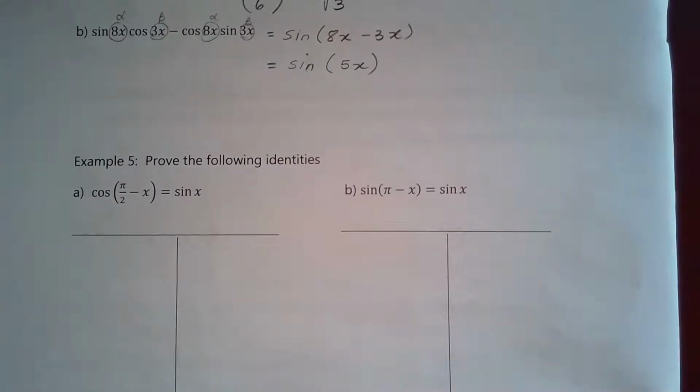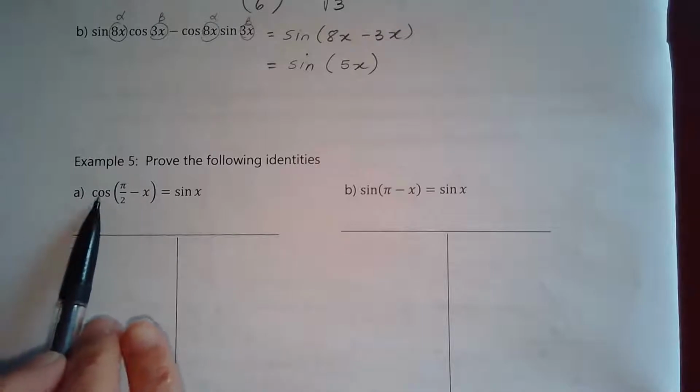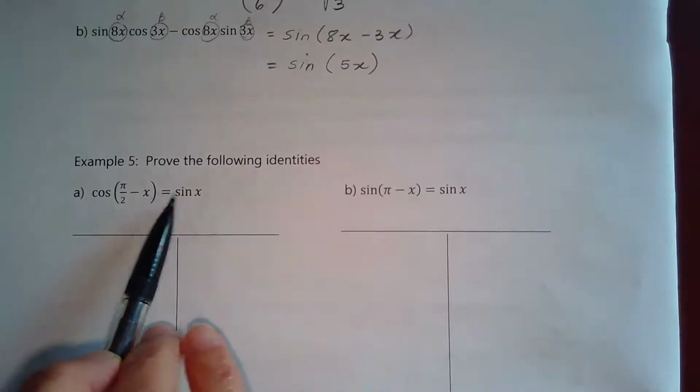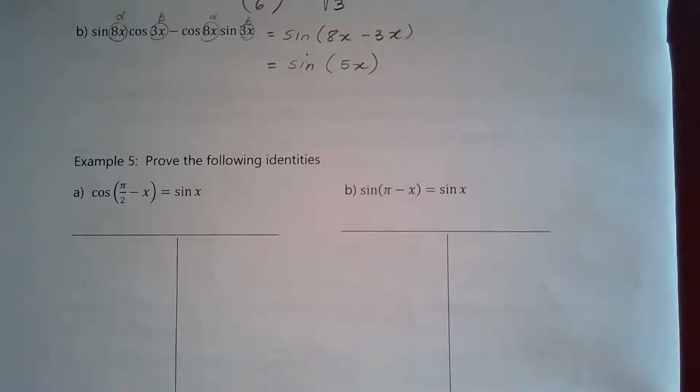Now we get into proving the identity. So cos of pi by 2 minus x is the same thing as sine of x. I actually wish I could do this on Desmos and then show it to you.